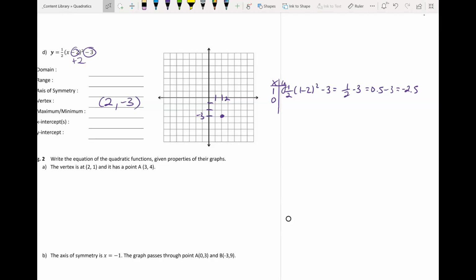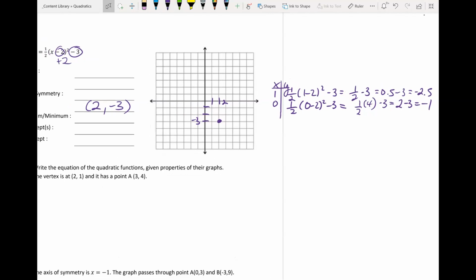Then for 0, it's going to be a half times 0 minus 2 squared minus 3. So that's a half. 2 squared is 4, and that negative is going to be gone as well because that's negative times the negative. 4 divided by 2 is 2, so I have a point of negative 1.